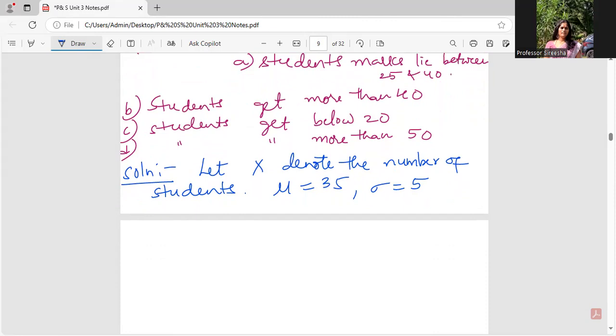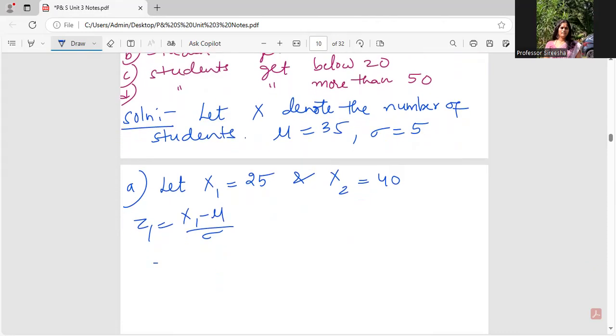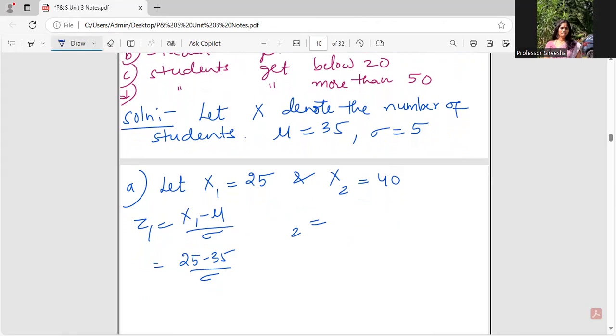Now, in the first case, I'm being given two values, 25 and 40. Let x1 is equal to 25 and x2 is equal to 40. Now, what will be z1? z1 would be x1 minus mu by sigma, which is nothing but 25 minus 35 by 5. z2 would be x2 minus mu by sigma.